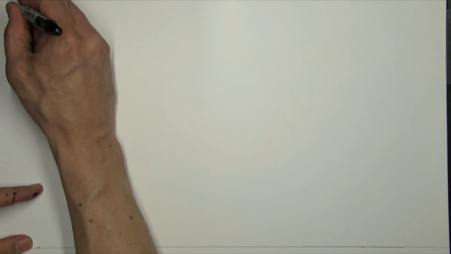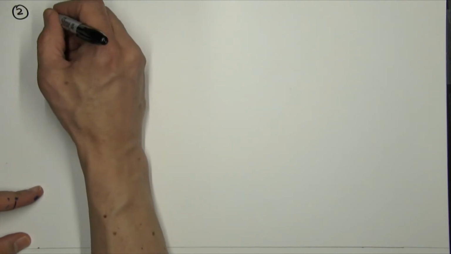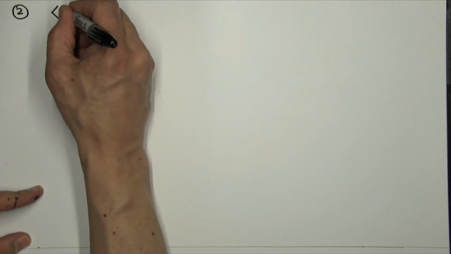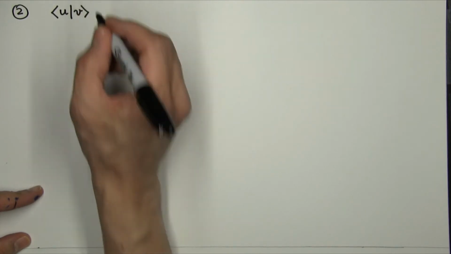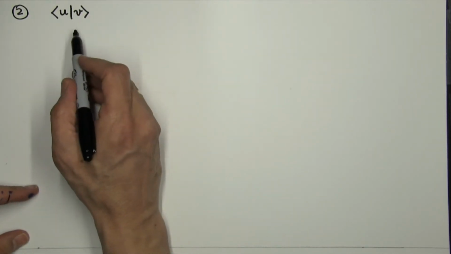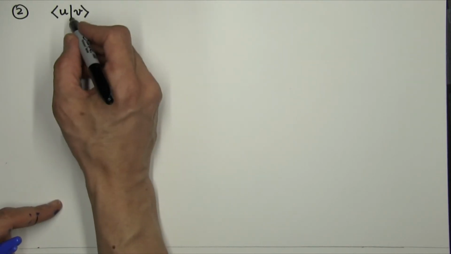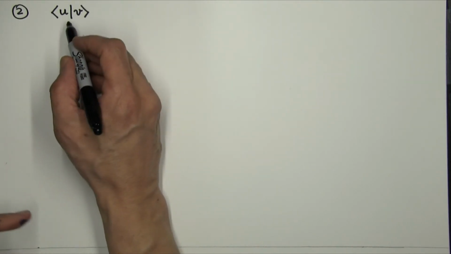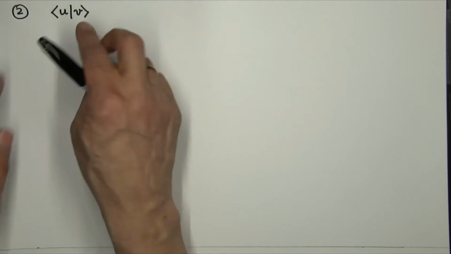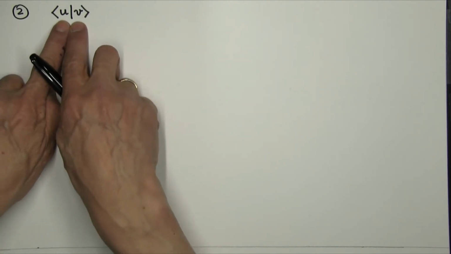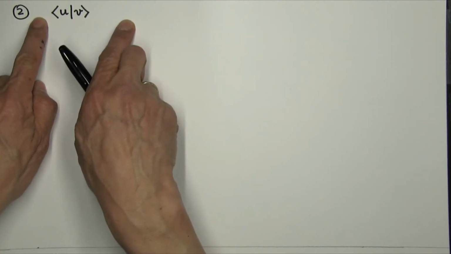So this is step 2. The idea is that you have this bracket now, which is the inner product, and from this you want to invent two quantities that have a separate existence. It's as if you have these two objects here, and now you're going to spread them apart.